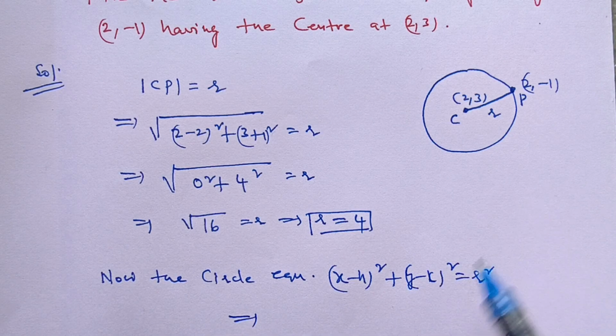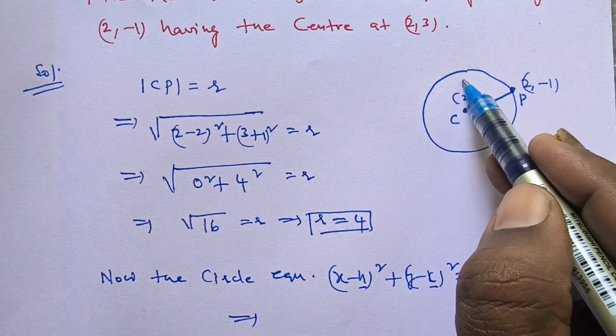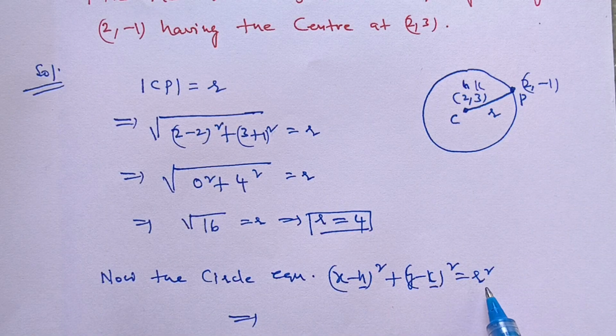So substitute here, h comma k are the center. This is h and this is k. R is the 4. Substitute h comma k and R values directly in this equation. We get the required circle equation.